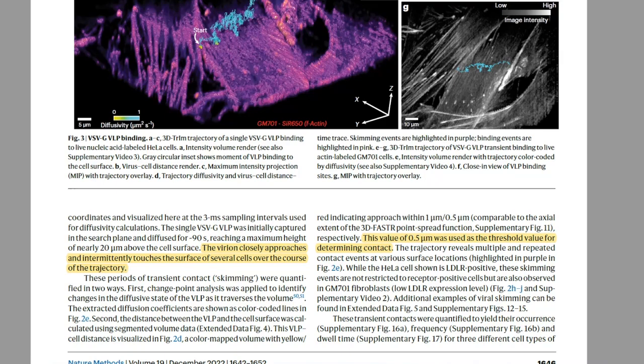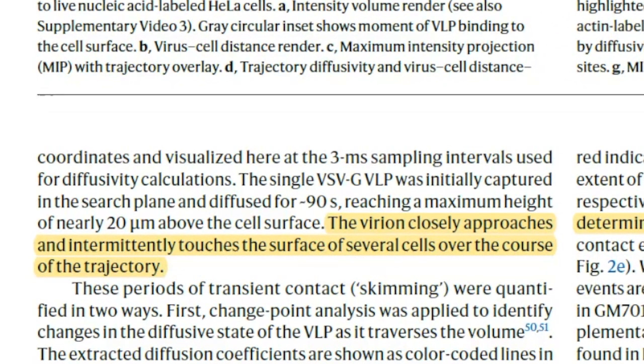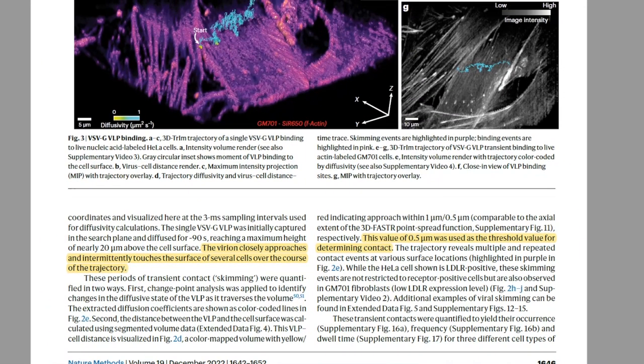So here are some results in the highlighted portion on the left. The virion closely approaches and intermittently touches the surface of several cells over the course of the trajectory. So essentially, their tracking data shows this particle moving around, and occasionally it bumps into a cell. That's what they're saying here.